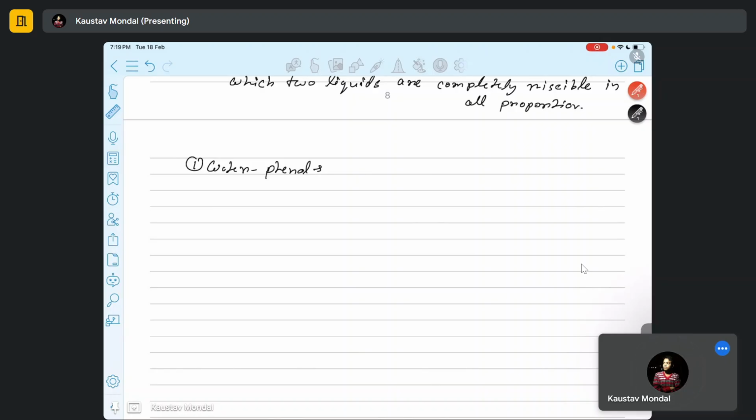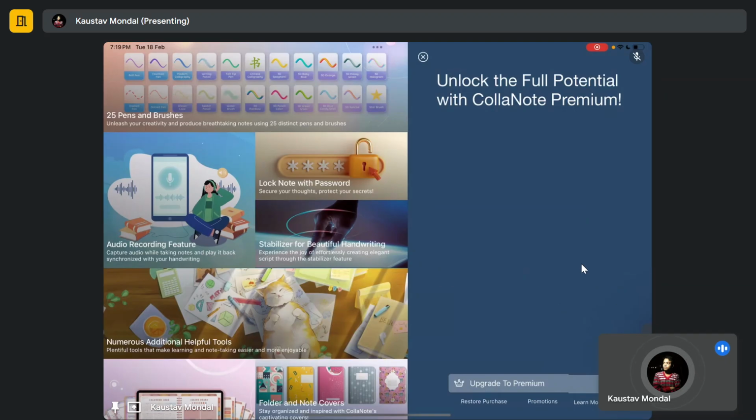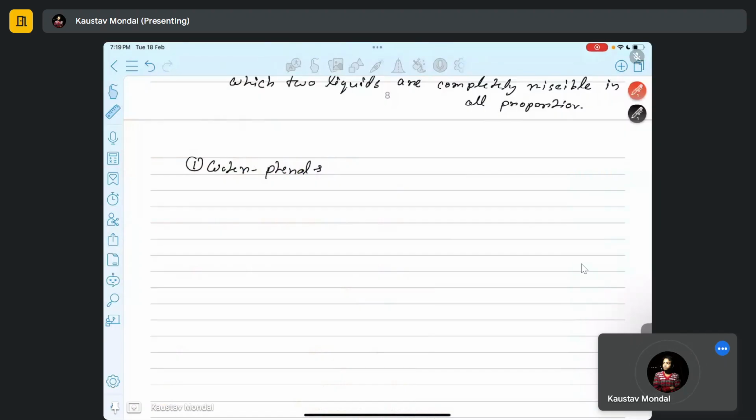At high temperature, phenol and water are miscible with each other. As you decrease the temperature, they become partially miscible, and eventually they separate into two phases.